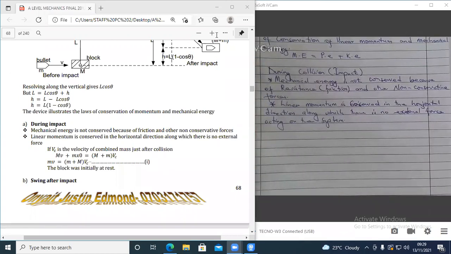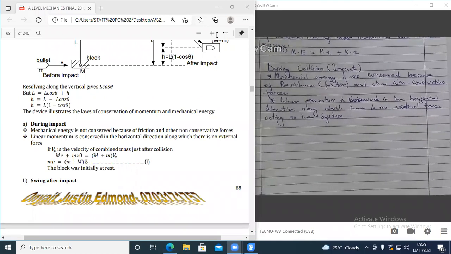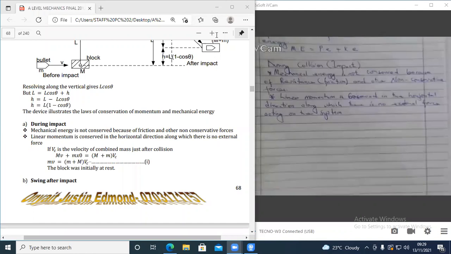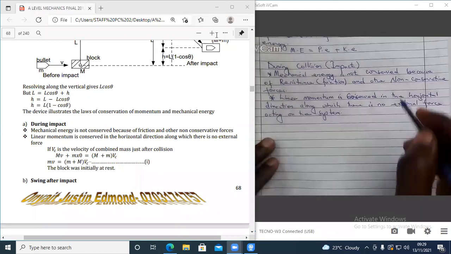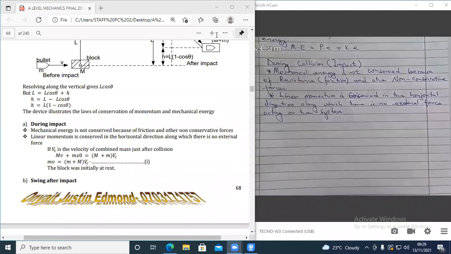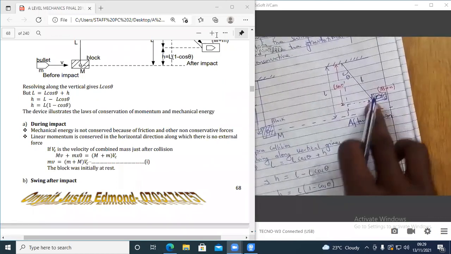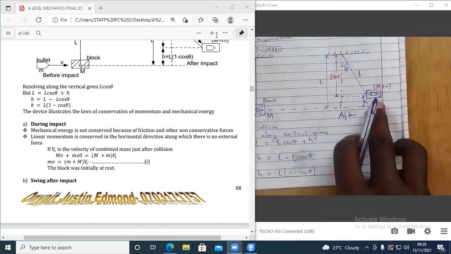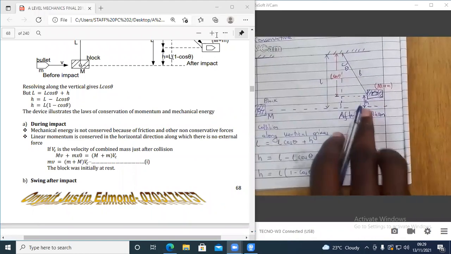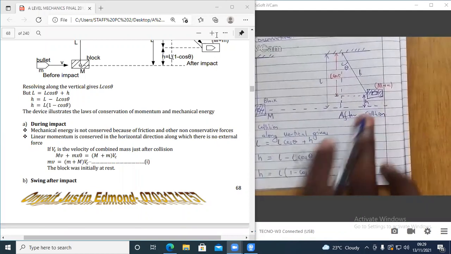Remember, we are talking about linear, which means motion in the horizontal direction only. Why are we not saying along the vertical? Because in the vertical there's weight, which would be an external force acting on the system. Whenever there's an external force acting on the system, momentum will not be conserved.